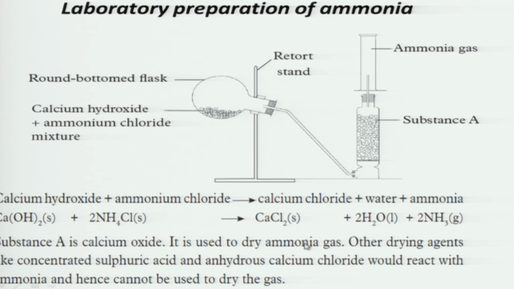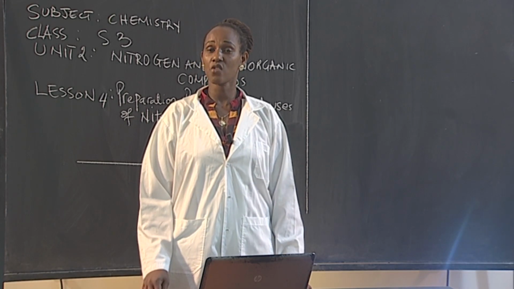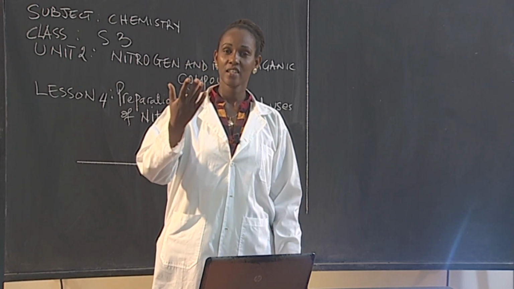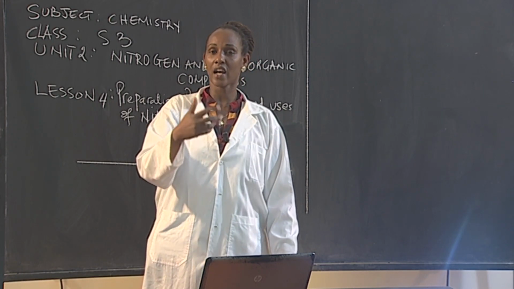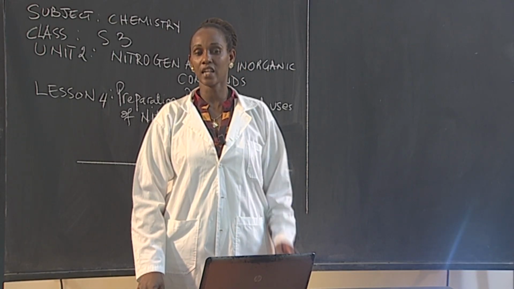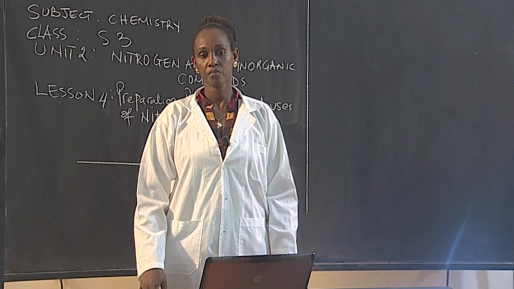Here we put some emphasis. Normally I've been seeing in other preparations that sulfuric acid is a drying agent. But for this case, sulfuric acid and anhydrous calcium chloride are not used as drying agents. Do you know why? The reason is concentrated sulfuric acid and anhydrous calcium chloride react with ammonia, right?